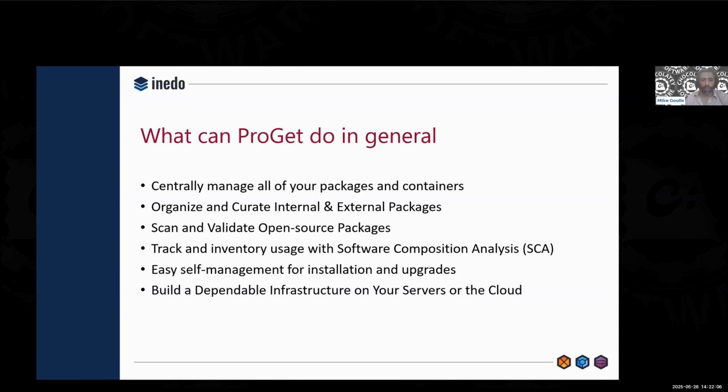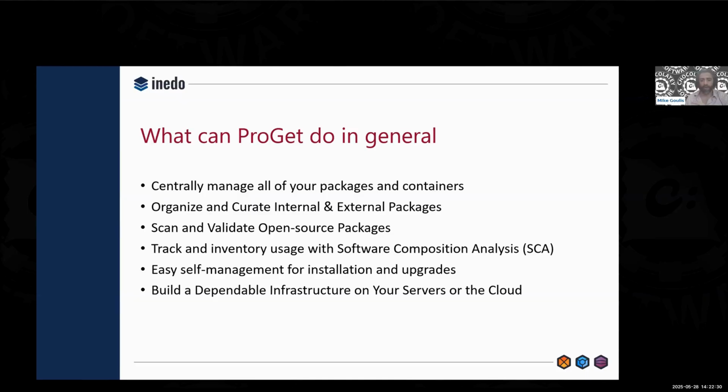You can set up rules for what packages are approved to be used by the developer populace. You can scan for known vulnerabilities in those open source packages. You can track exactly which packages are being used where. So it's really helpful in enterprise environments where you need governance, visibility, and control for Chocolatey and more.